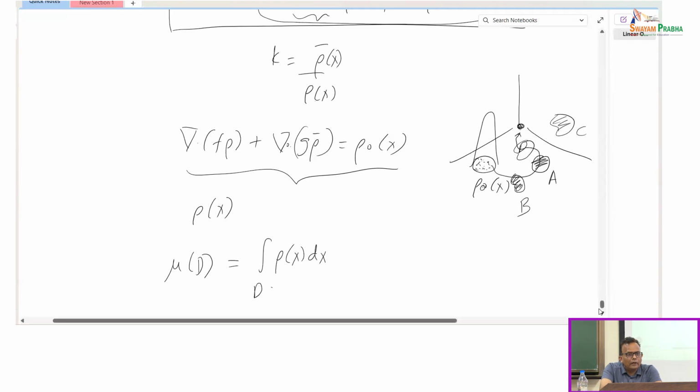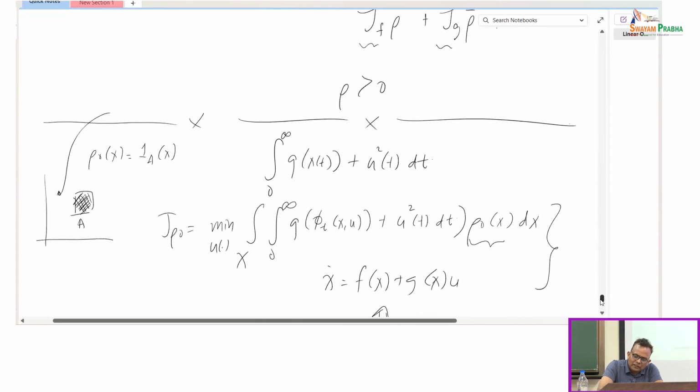Now, the safety problem is again a non-convex problem. That means if I want to design a controller to keep certain regions safe, that's actually a non-convex constraint. Now that becomes a convex constraint in this formulation.